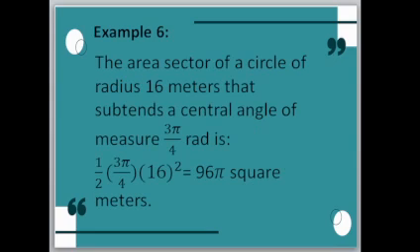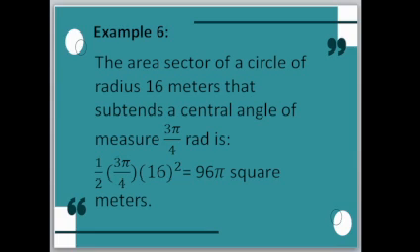We will go to example 6. The area of the sector of a circle of radius 16 meters that subtends the central angle of measure 3 pi over 4 radian is, okay, as we know the given formula is A is equal to 1/2, which is a constant there, times the given central angle in radian times the square of the radius. So we have 1/2 times 3 pi over 4 times 16 squared.